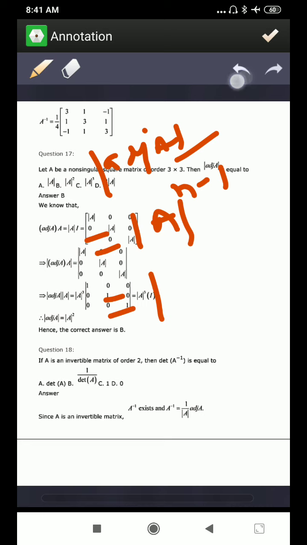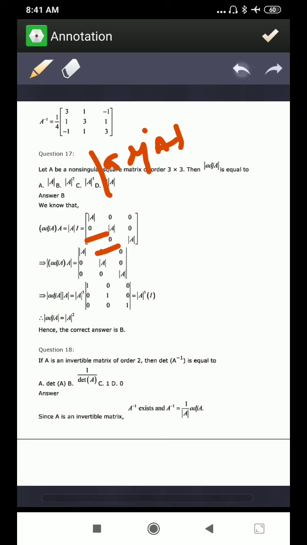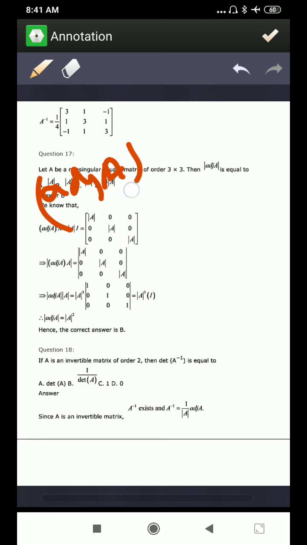Or if explicitly you want to do it, we know that adjoint of A into A is equal to determinant of A into identity. This property we have used. Adjoint of A into A and A into adjoint of A is determinant of A into the identity matrix. This we know.